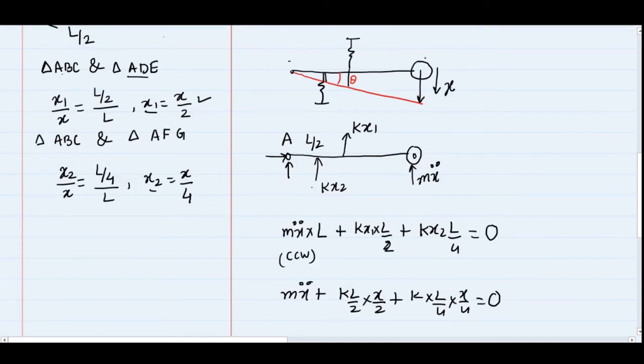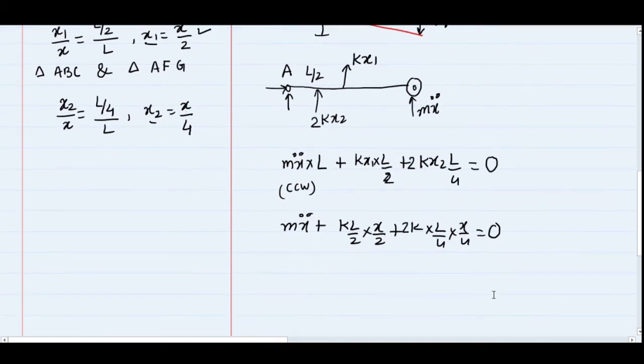Sorry, this spring is of magnitude 2k, so we put 2k here. When I rearrange my terms, I get my equation of motion, which is mx double dot plus (k by 4 plus k by 8) x is equal to 0.